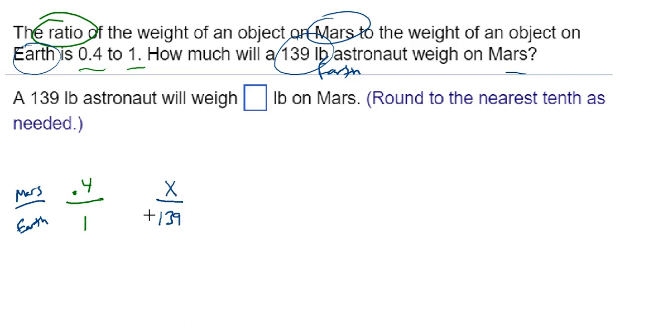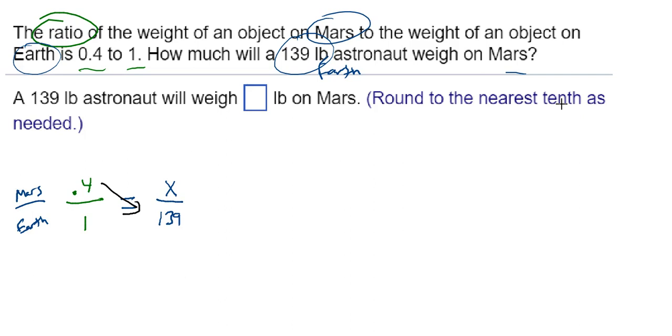Since it's an unknown value, we'll use a variable to represent that. And then we're going to set these ratios equal to each other, so now we have a proportion to solve. Right? And so again, we can cross multiply, so I'll have 0.4. Now this one says round to the nearest tenth, so this one will be rounding. We'll keep it in decimal form.